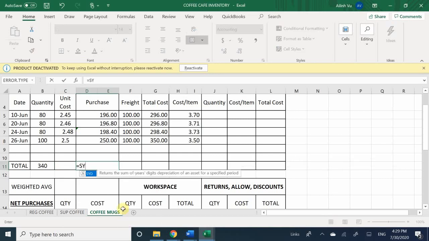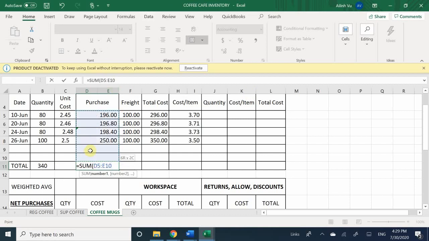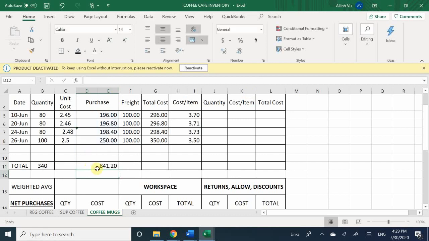Equals 186, 186. Oh, whoops. Okay, I solved too far.